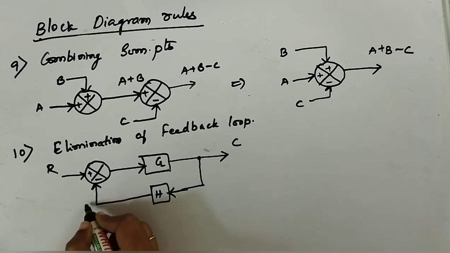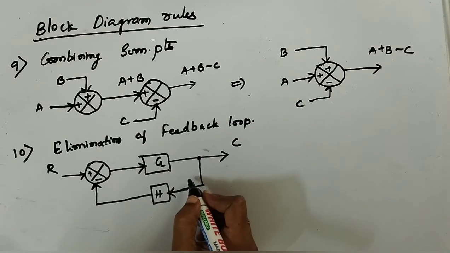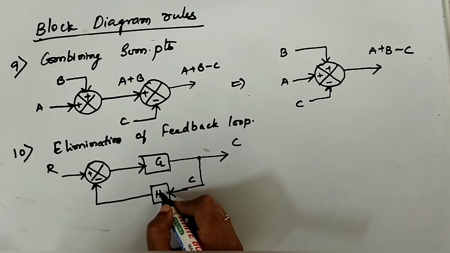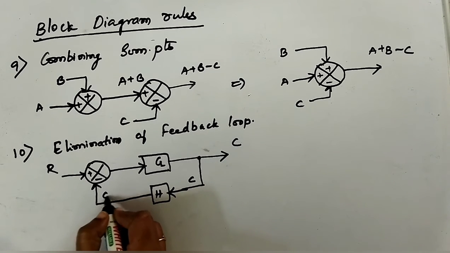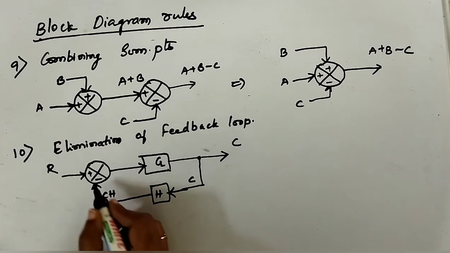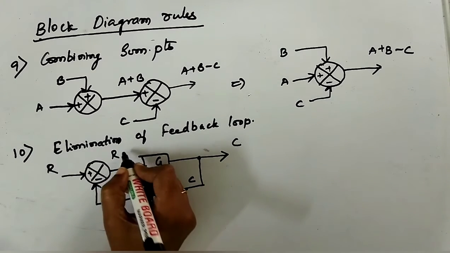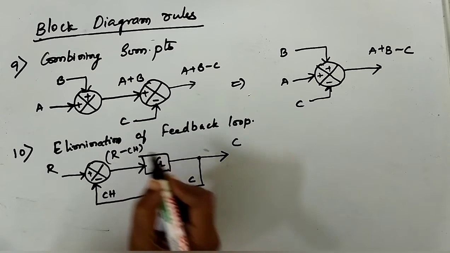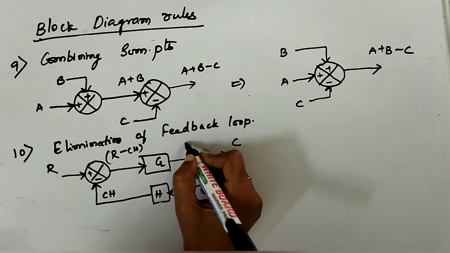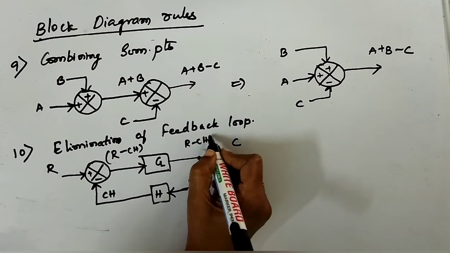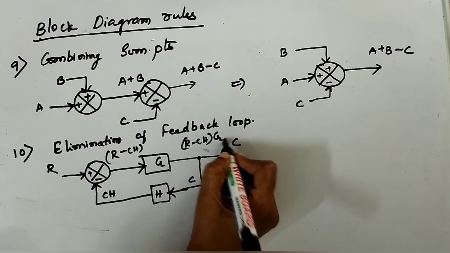This is the feedback path. The signal in the feedback path is C, so C into H will give us CH here. Now the modified signal would be R minus CH. So R minus CH would be the modified input into G.